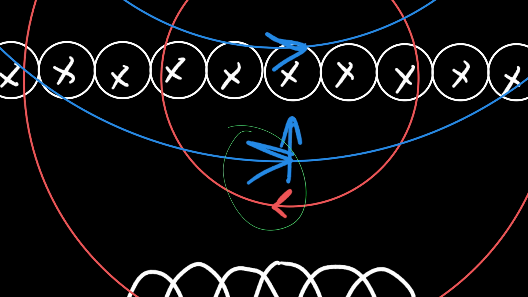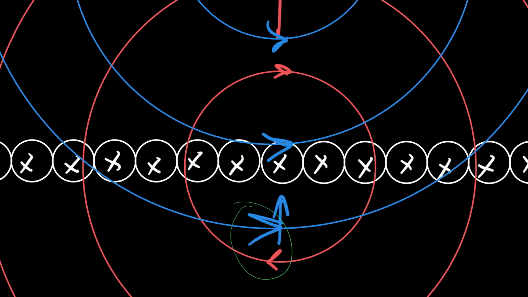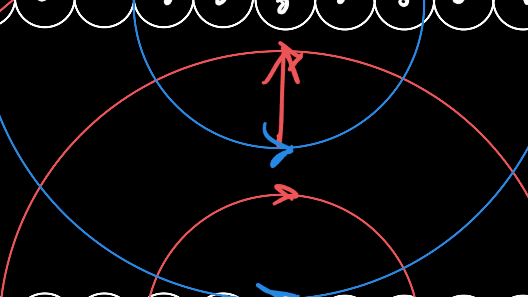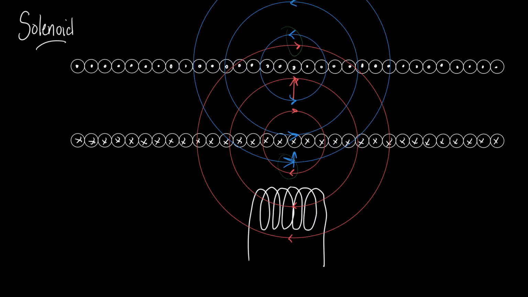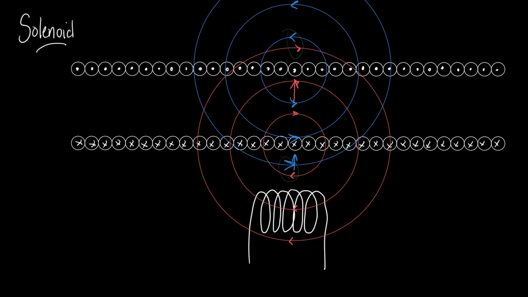So outside of the solenoid, the magnetic fields are canceling out. But inside the solenoid, do we see that the magnetic fields are contributing to each other and are aligned? So the first thing I want to promote is that a solenoid is clearly going to give us an enhanced magnetic field down the center, but is also going to disrupt the magnetic field on the outside.